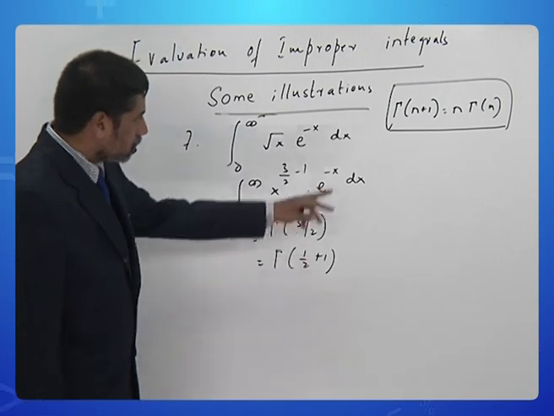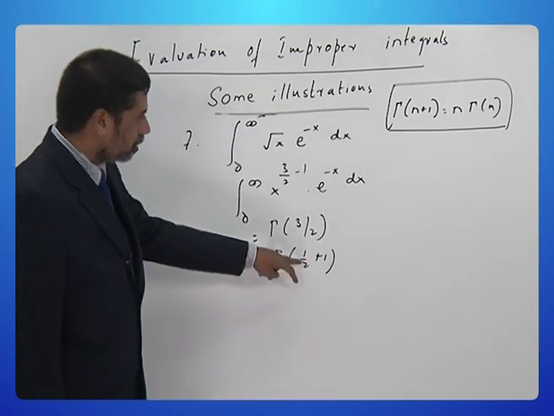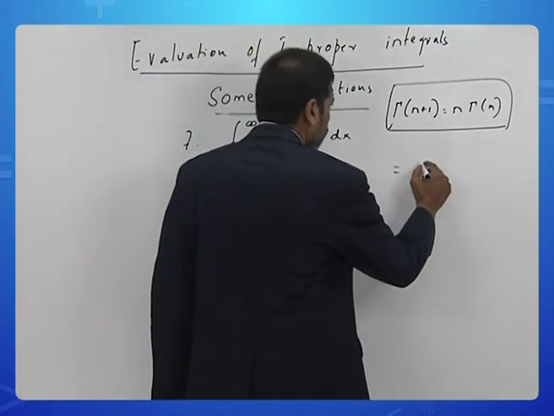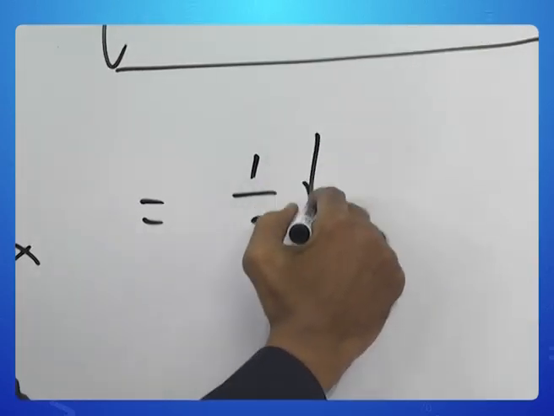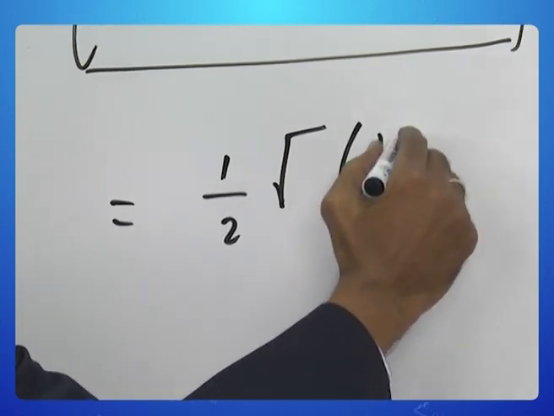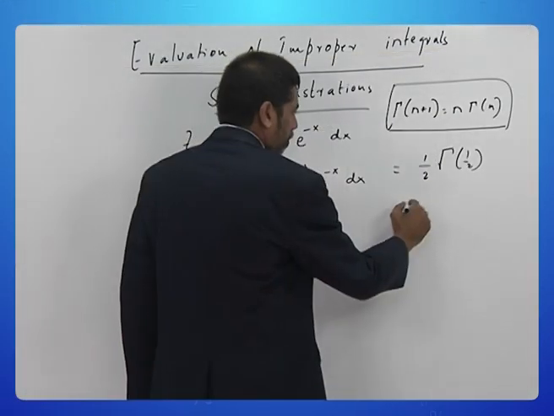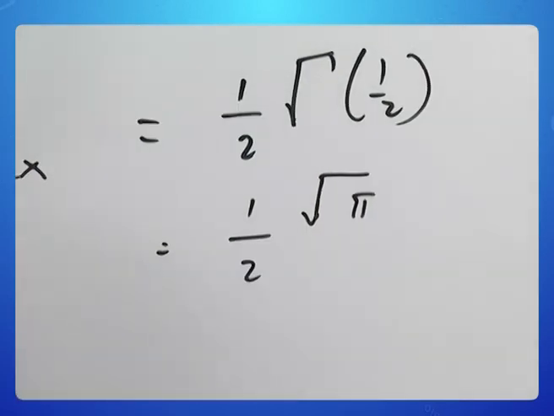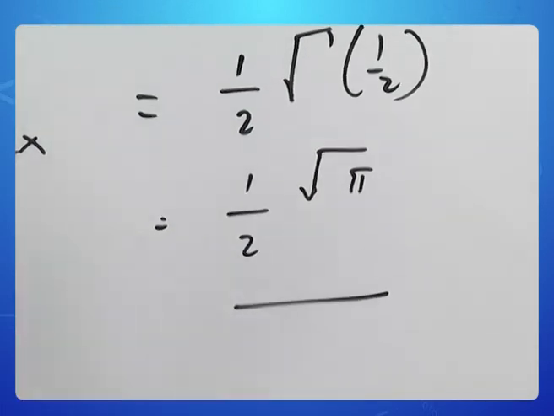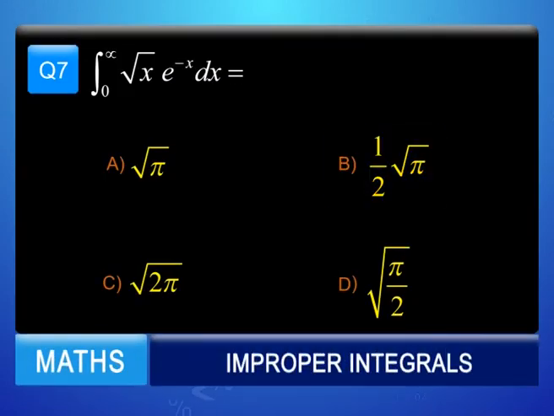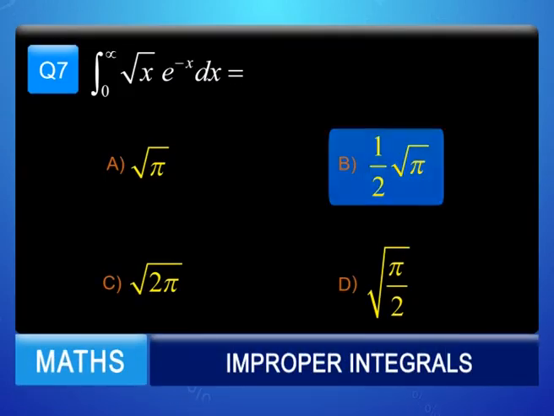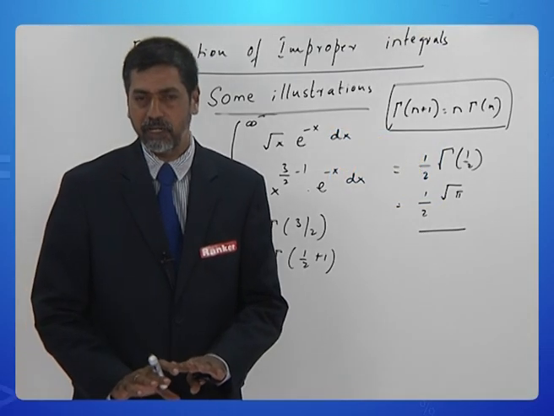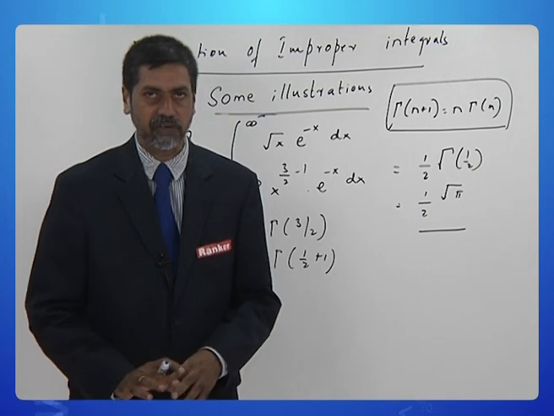So if you use that property with n equal to half, you will get half gamma half. Gamma half is square root of pi. So this happens to be the output, and the option is B. Option B is the correct option for this problem. No complication, straight gamma detection is sufficient.